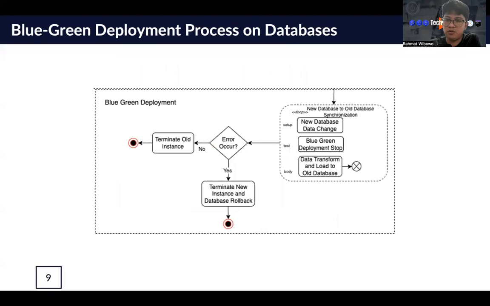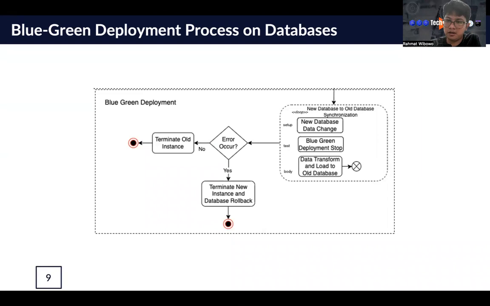When the blue-green deployment traffic is switched from the old one to the new one, if an error occurs, we will terminate the new instance and the database will be rolled back. If there is none, then we terminate the old instance.